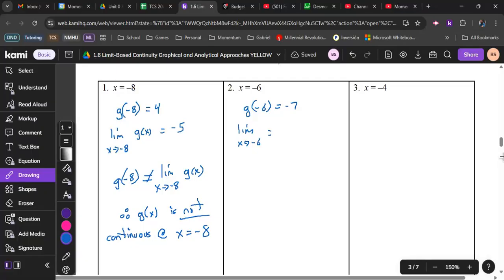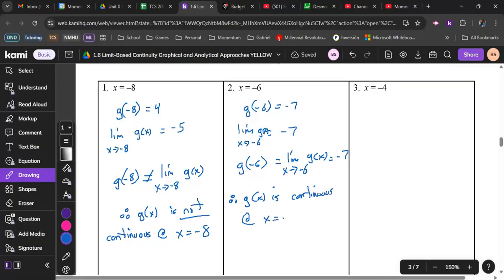Approaches negative 6. X equals negative 7. G of negative 6 equals the limit as x approaches negative 6 of g of x, and this equals negative 7. Therefore, g of x is continuous at x equals negative 6. G of negative 4 equals negative 5.